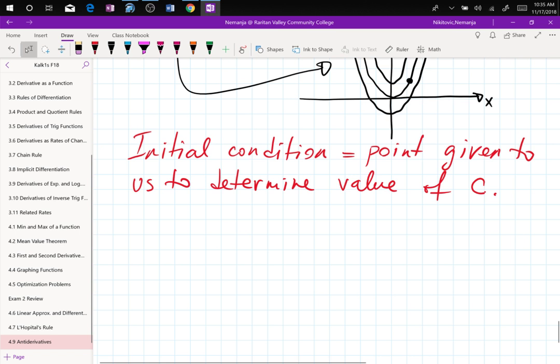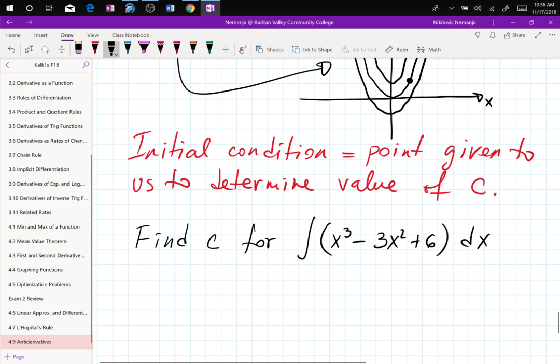So let's take a look at an example. Find c for the integral of x cubed minus 3x squared plus 6 dx, given the point (1, 4).